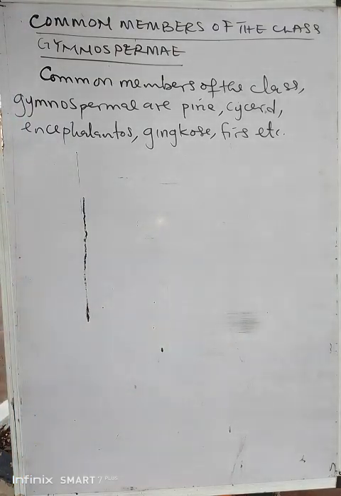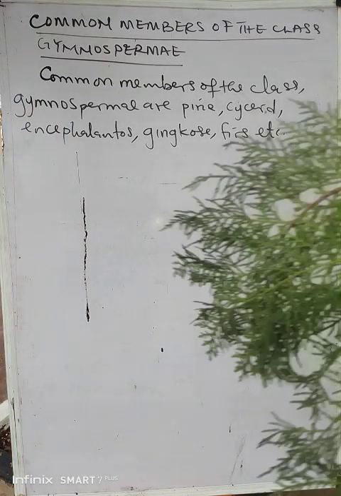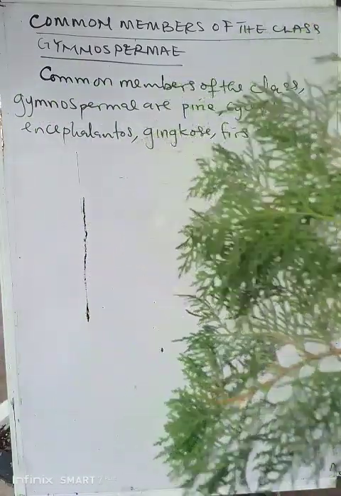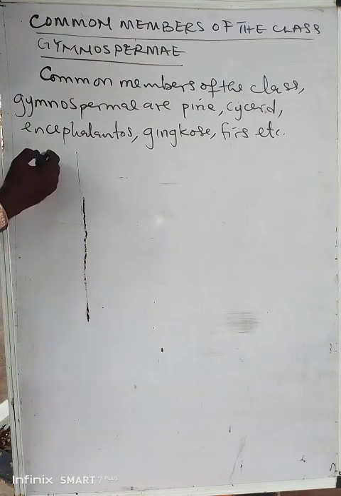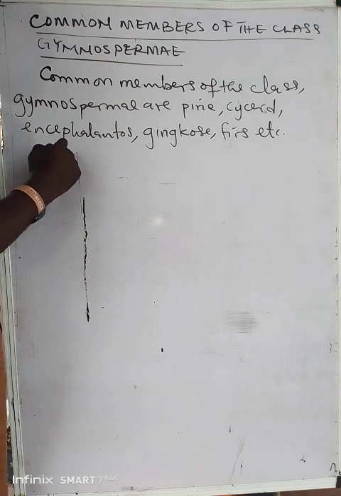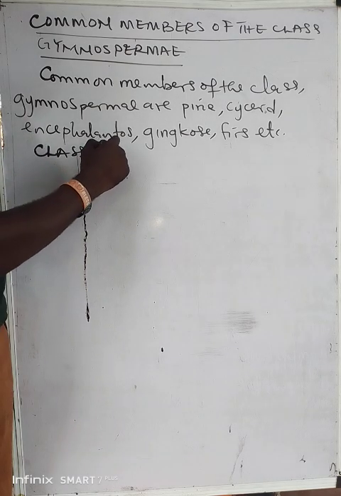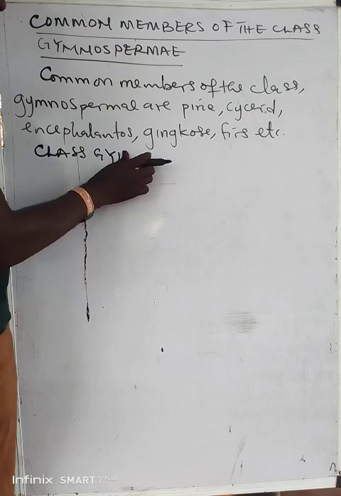So these are all foreign plants. Like this is a cycad now. They are woody plants. They are trees you can find in the forests abroad. So that is it. Then we talk about the class Angiospermae.